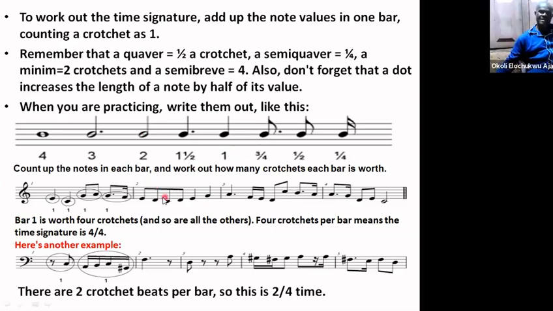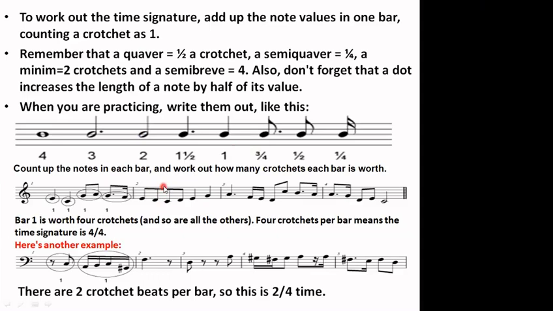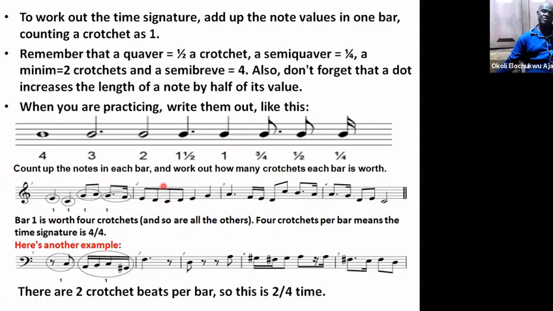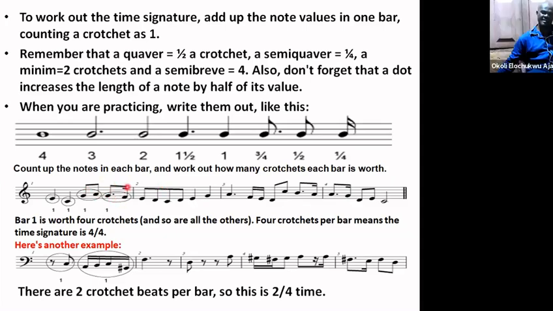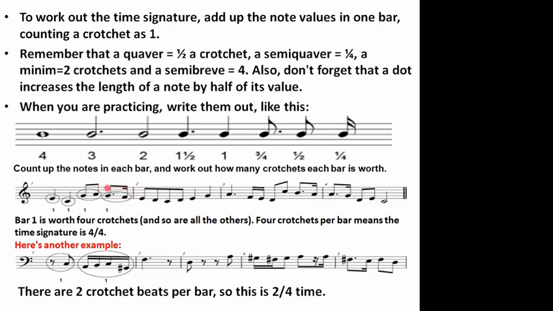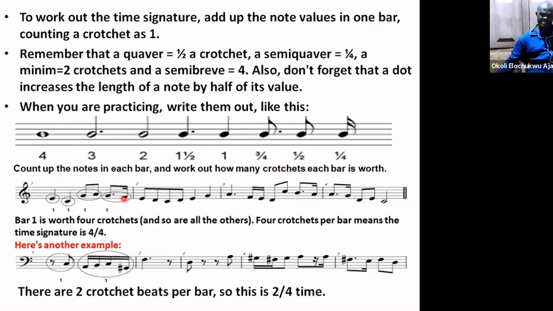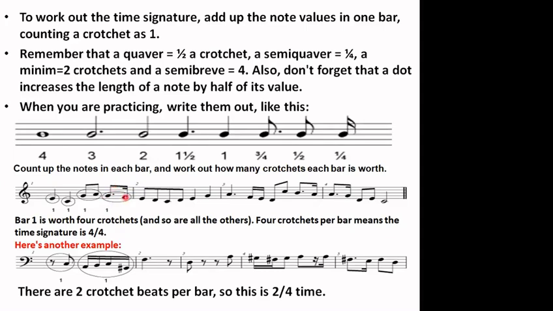Almost all of the time you can have a quaver and a semi-quaver beamed together, just like you saw them here in the first bar. This is a dotted quaver, and this is a semi-quaver.